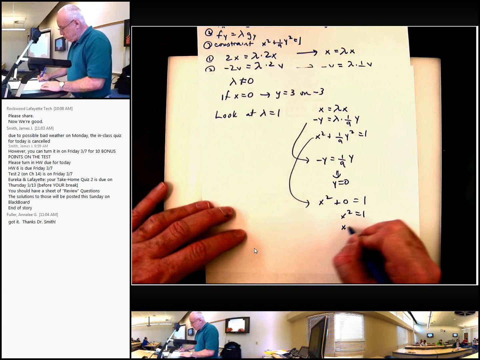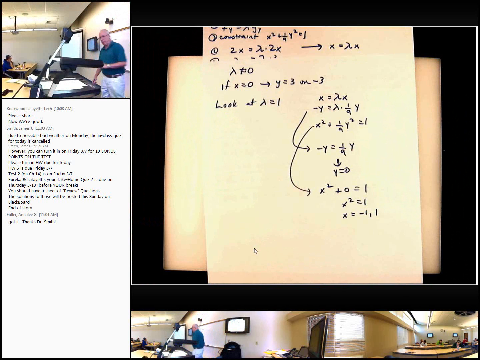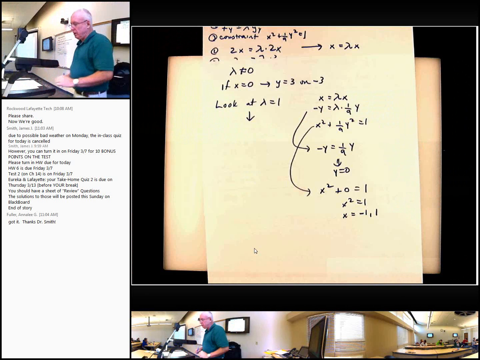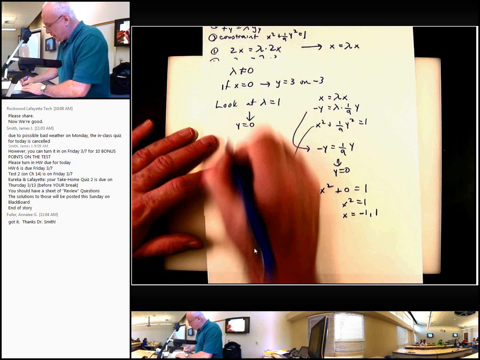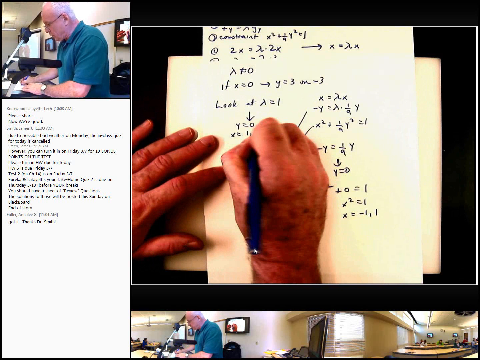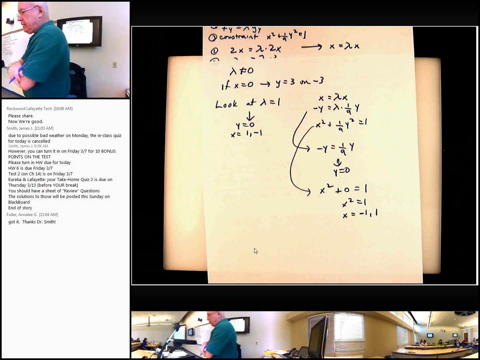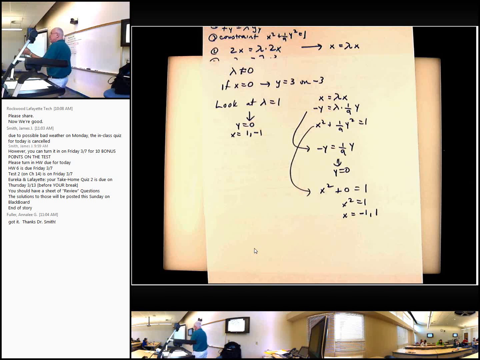That means my two solutions are -1 and +1. So let me summarize what happens when lambda is equal to 1. We're going to have y equal to 0, x equals either +1 or -1. Okay. And that's the end of the road.